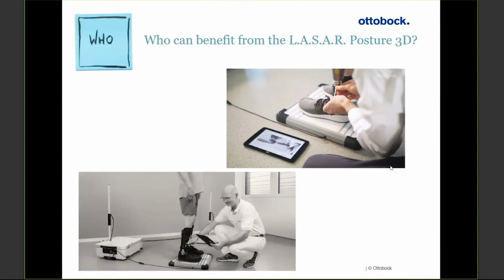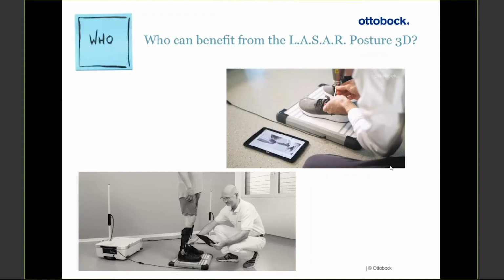What's really great about this device is that you can use it for any prosthetic or orthotic end user. This can be anything from a simple foot orthotic all the way up to a hip disarticulation prosthesis, and obviously everything else in between.